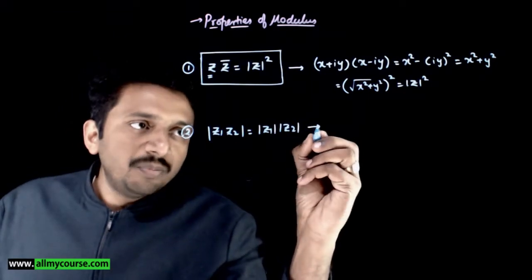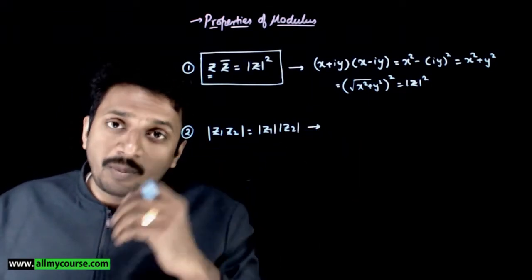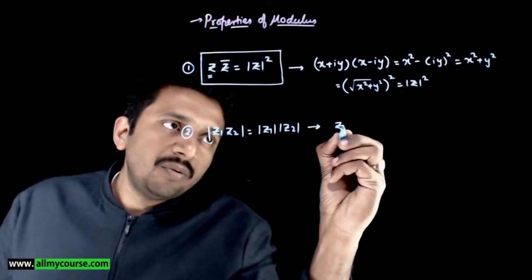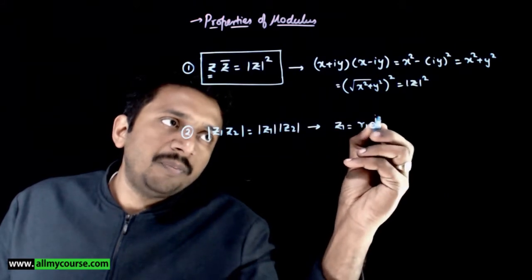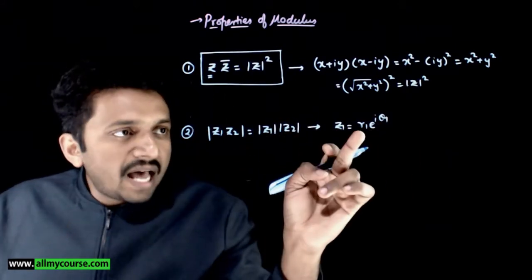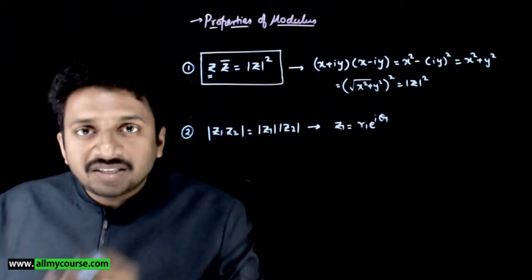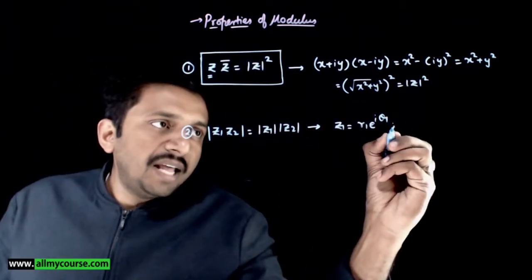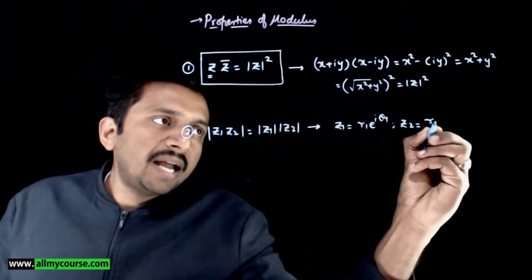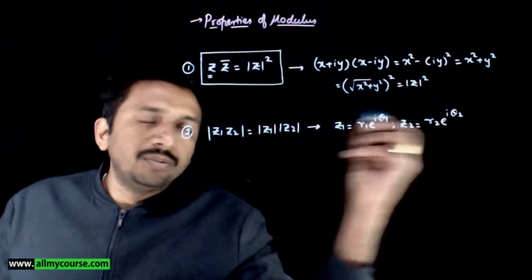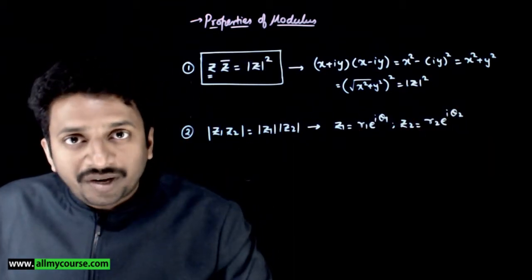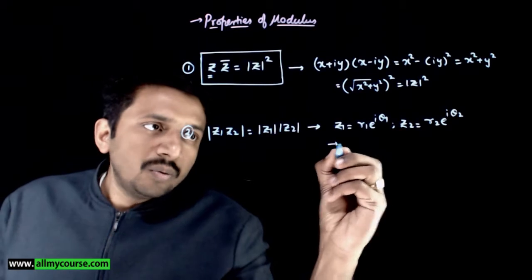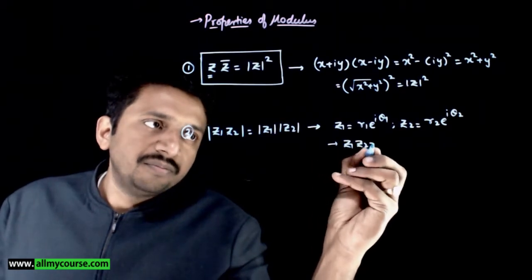So this can be proved from the Euler form of a complex number. If you take z1 is equal to r1 into e power i theta 1, where r1 is the modulus, theta 1 is the argument, and z2 is equal to r2 e power i theta 2. So what is z1 into z2?